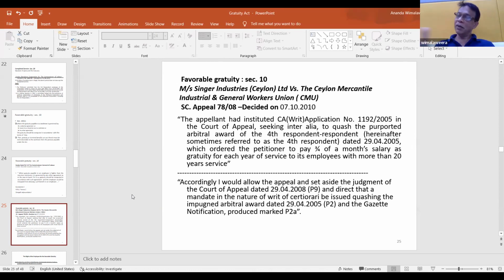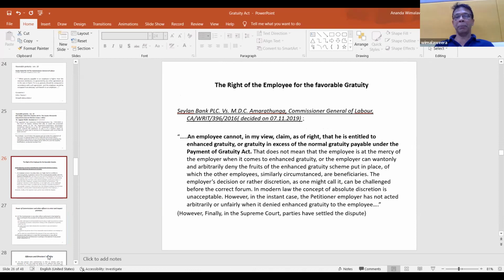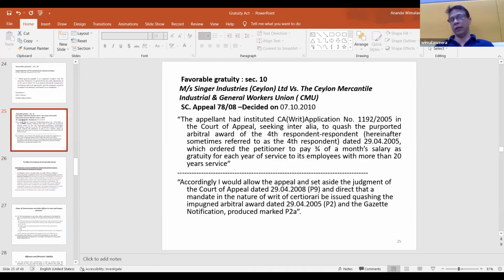But finally, a couple of people retired. The company paid half a month's salary, the legal one.